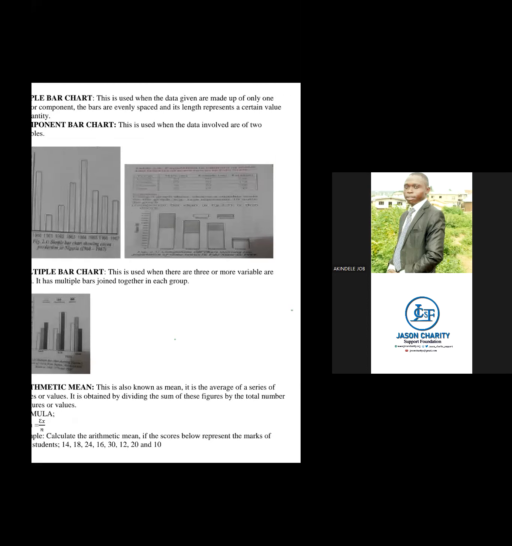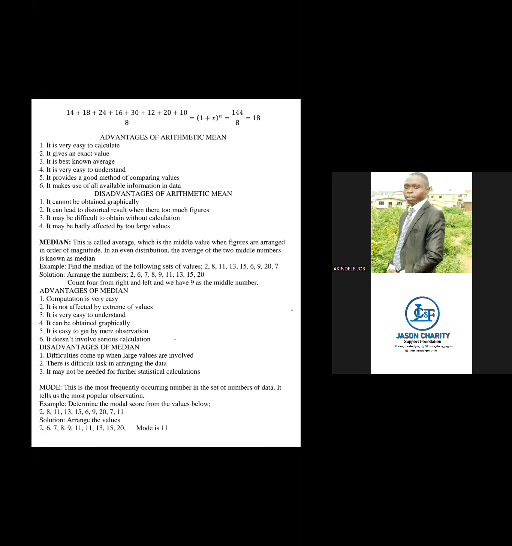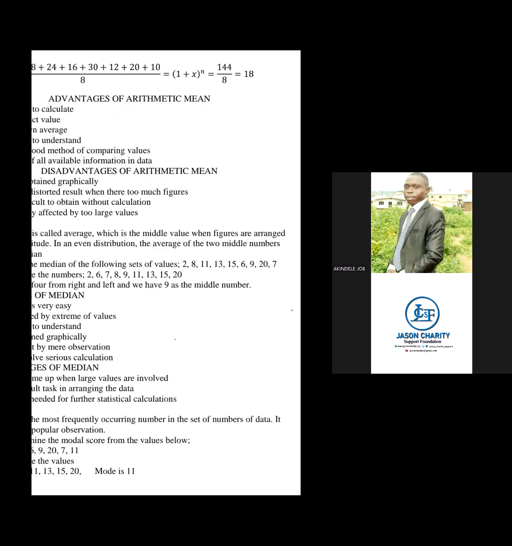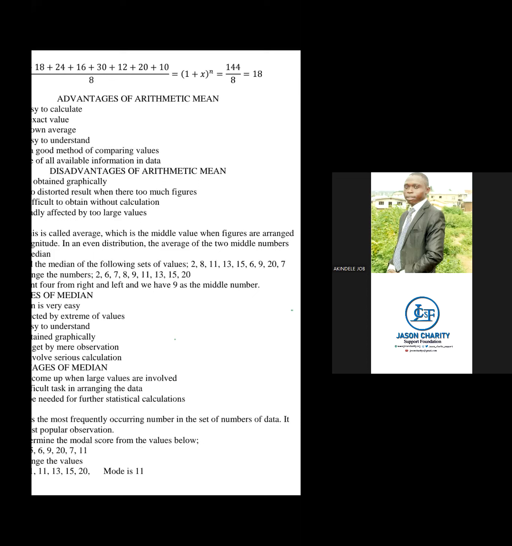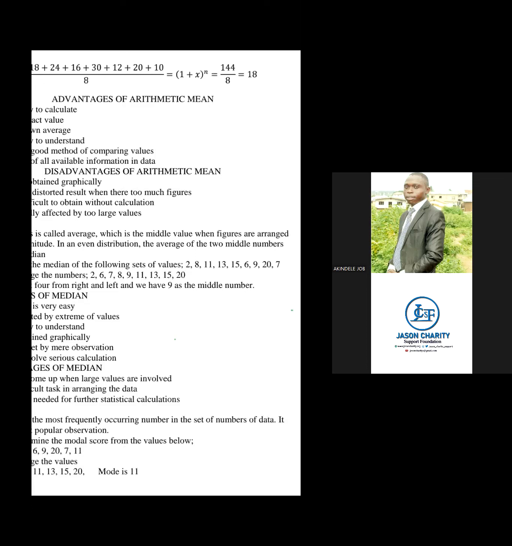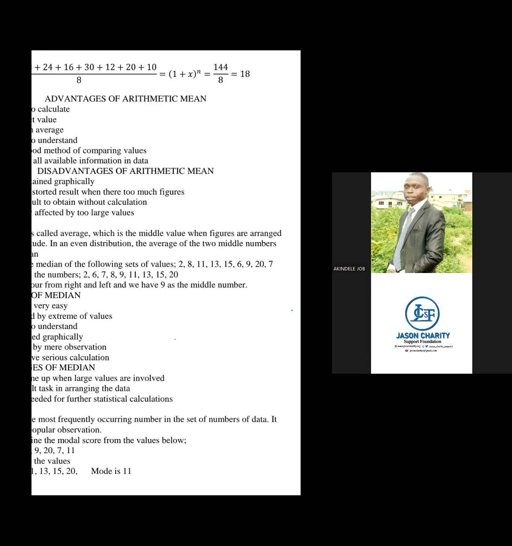We saw what we did, that is addition of everything, which is equal to 144 over 8. Please don't mind the 1 plus x raised to power n. So we add the scores and divide by the number of scores. If you count the scores, we have 1, 2, 3, 4, 5, 6, 7, 8. That is why we have over 8. And when you divide 144 by 8, what you get is 18.